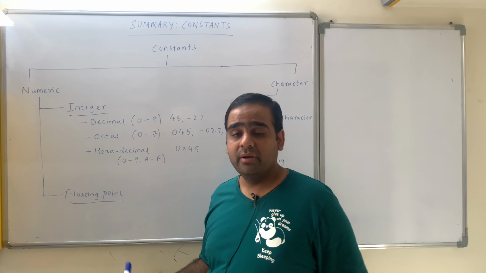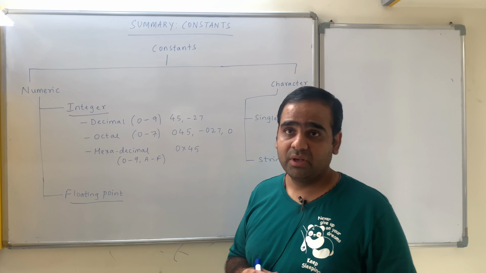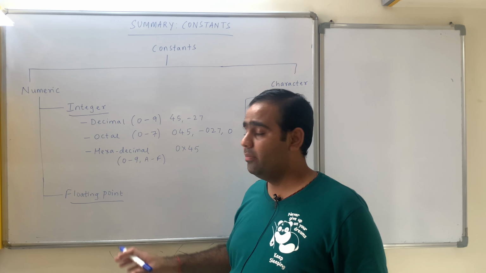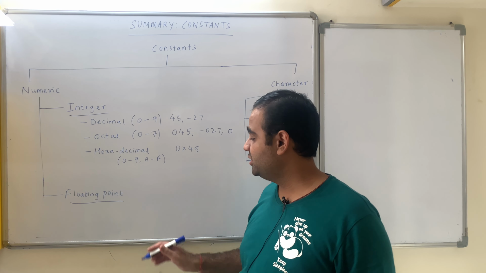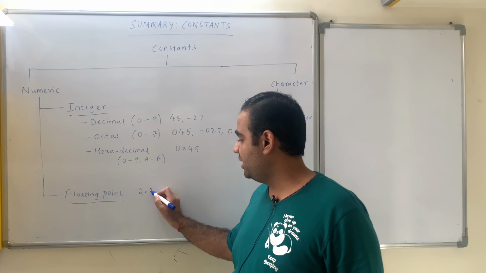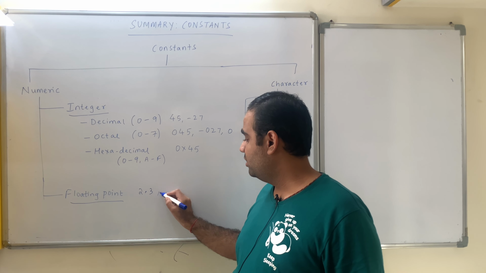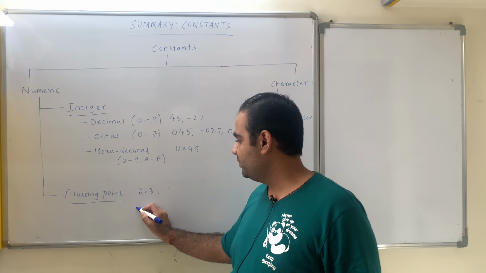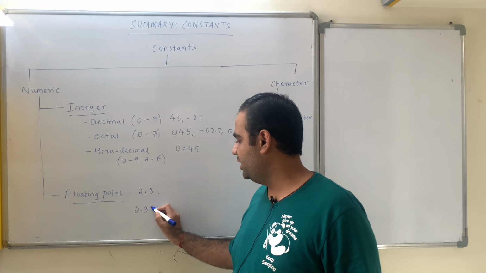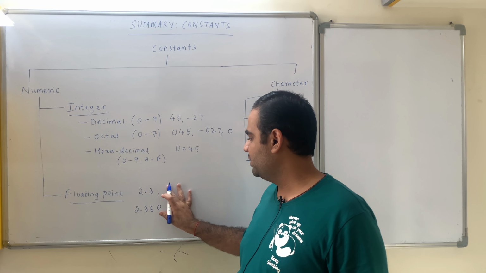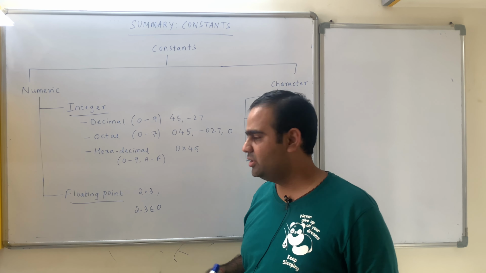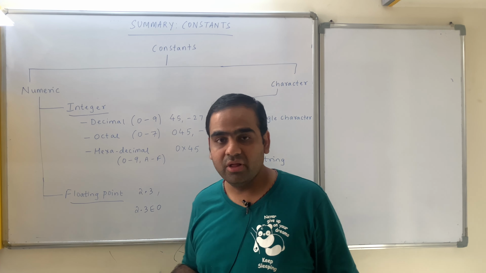Next are floating point numbers. They have the decimal point, and these floating point numbers can also be written in scientific notation. You can write 2.3 as a decimal, and the same 2.3 you can write as 2.3E0, because it is into 10 to the power 0, which is 2.3 itself.